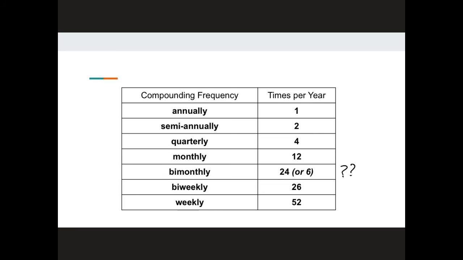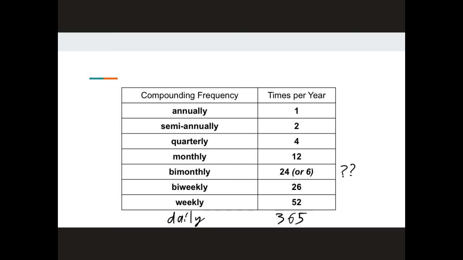So we can figure out the compounding frequency just by calculating how many times does something happen in a year. So if I wanted the daily compounding frequency, I would just have to think how many days are there in a year, and this would be 365.